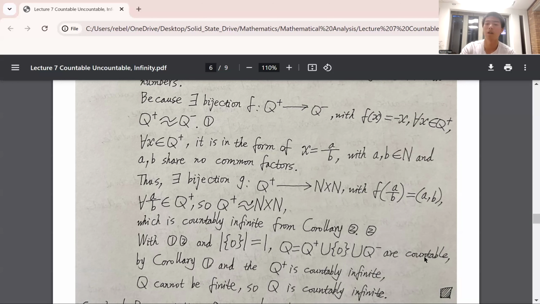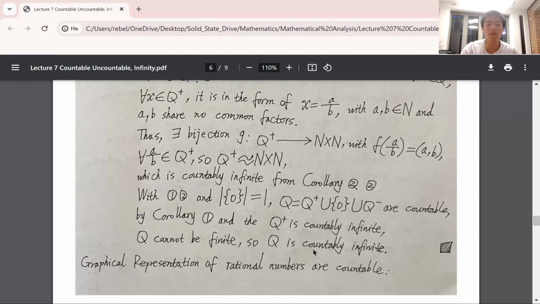By corollary 1, and because the positive rationals are countably infinite, Q cannot be finite. The rationals must be countably infinite. So we have solved this not-imaginable-at-first theorem: rational numbers are actually countable.